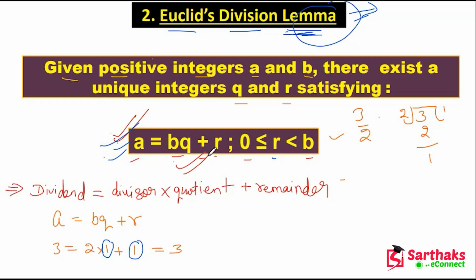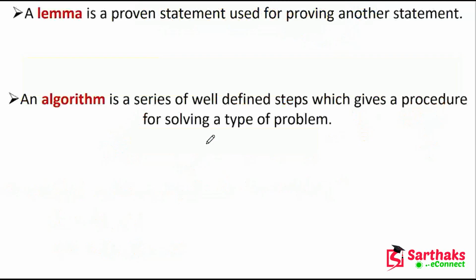So I hope you understand this part. What is the meaning of lemma? What is the definition of lemma? A lemma is a proven statement used for proving another statement.